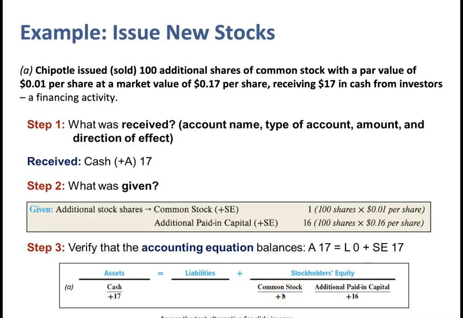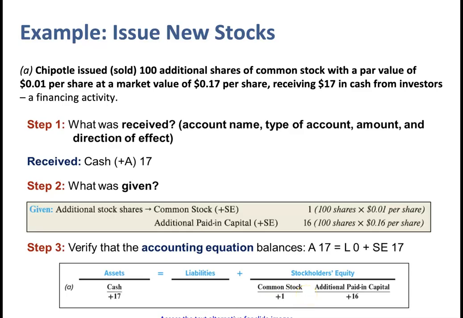Common stock increased by 1, APIC increased by 16. So 1 plus 16 is 17. You will see your equation is equal. Verify that your equation remains equal because your left-hand side of the equation increases by 17 and your right-hand side also increases by 17.